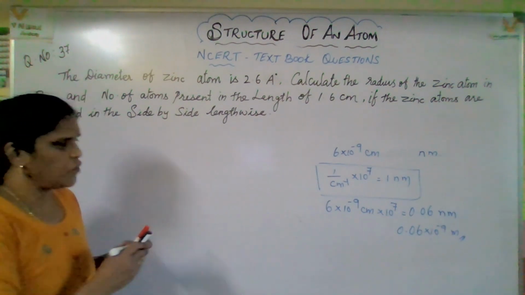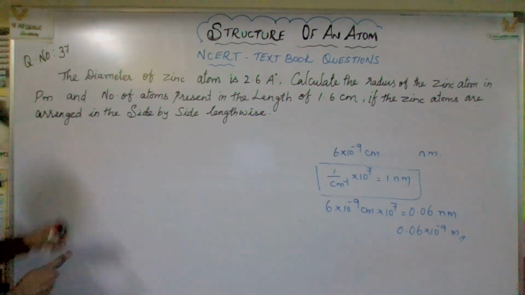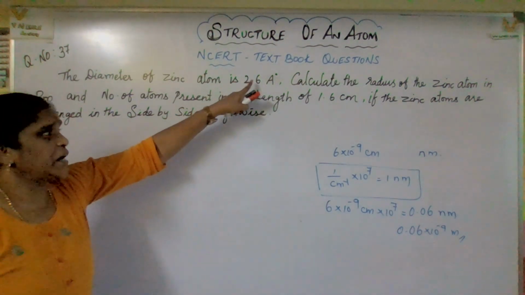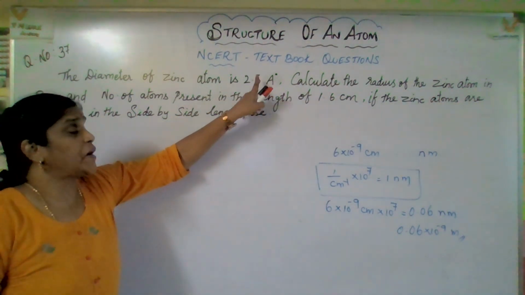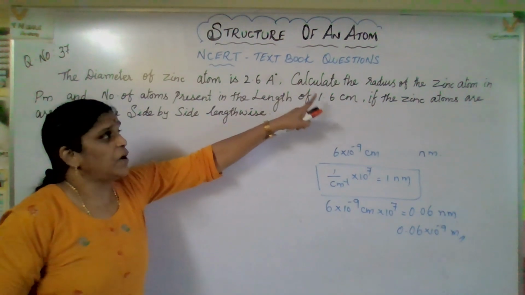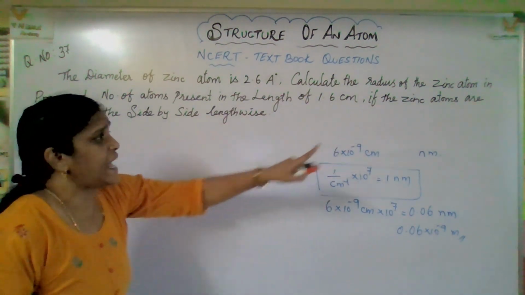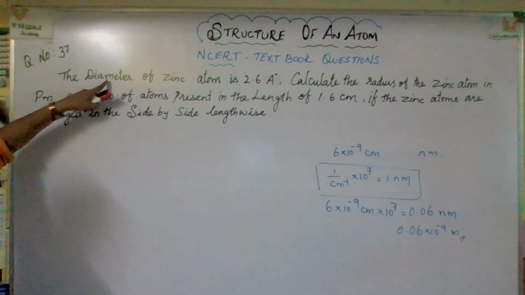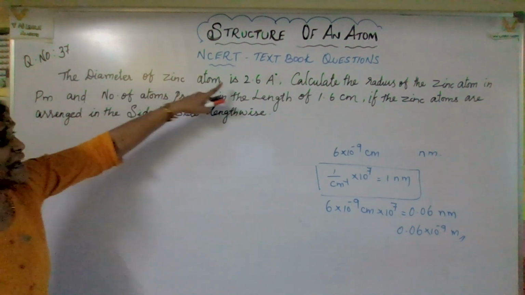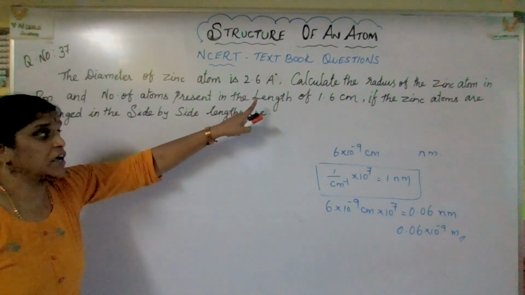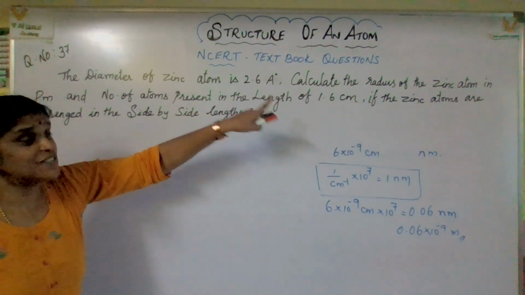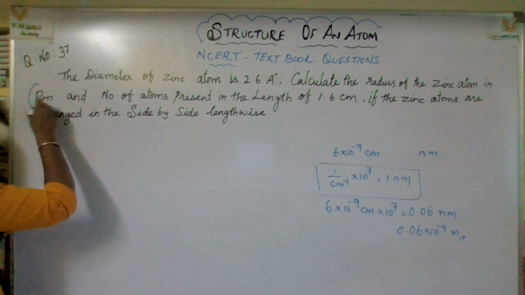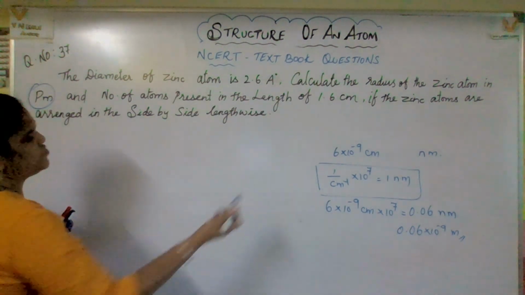Yes, let us go for this question. Here, the diameter of zinc atom is 2.6 Angstrom. Calculate the radius of zinc atom in picometer. They have given the diameter of the zinc in Angstrom. Here we have to change to picometer, like how we changed to nanometer.